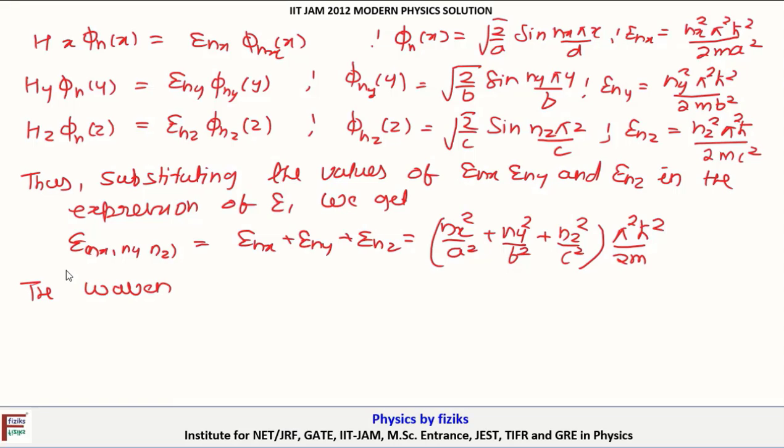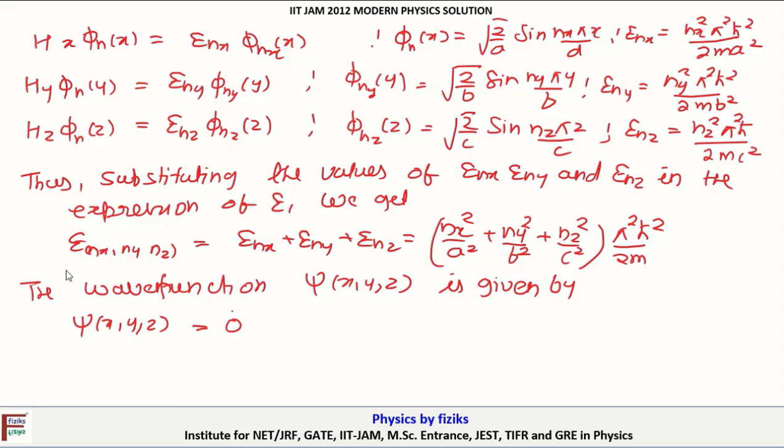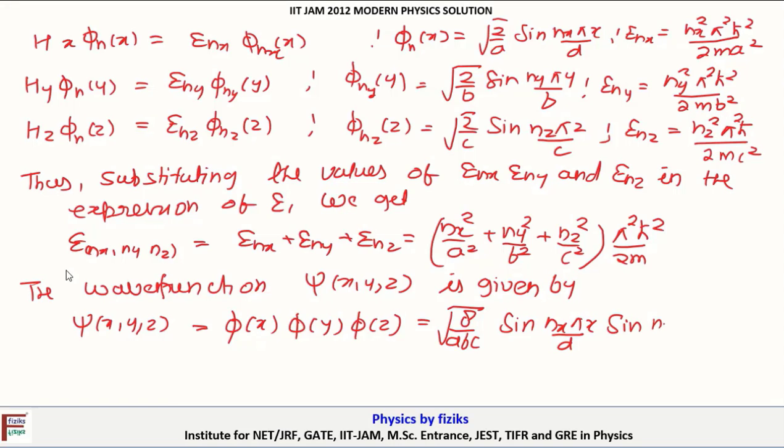The function psi(x,y,z) is given by psi(x,y,z) equals phi of x, phi of y, phi of z, that is root of 8 by abc, sine nx pi x by a, sine ny pi y by b, sine nz pi z by c.